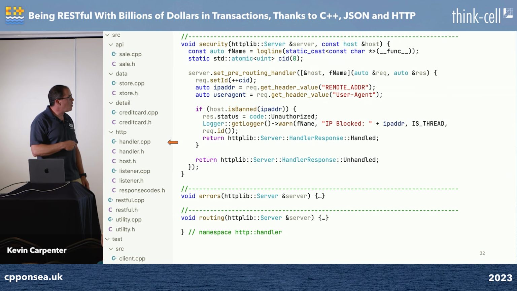Because for us, we want to be able to track, it's not as much about session tracking as to be able to look at it and be able to say, okay, this is the exact transaction ID that goes through. So this is specific to the httplib that I have in the source checked in here. That is not inside the actual open source library yet. So we turn around and grab the IP address, the user agent, and back to host. This is where we're passing in host to see if it's banned.